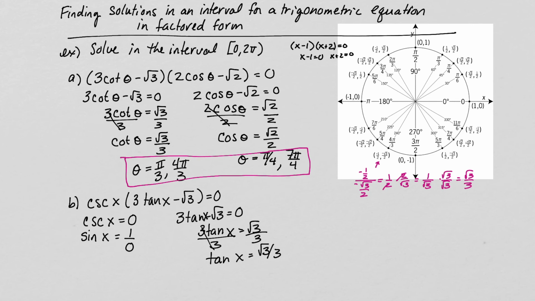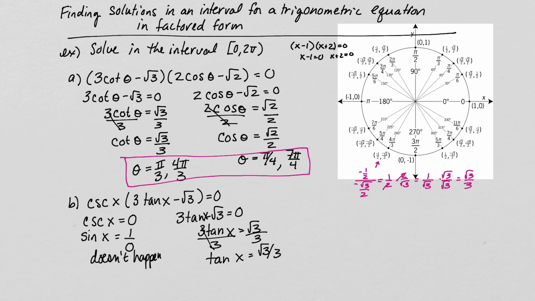So this first piece gives us no solution. There are never any places where cosecant of x is equal to 0. So this doesn't happen.